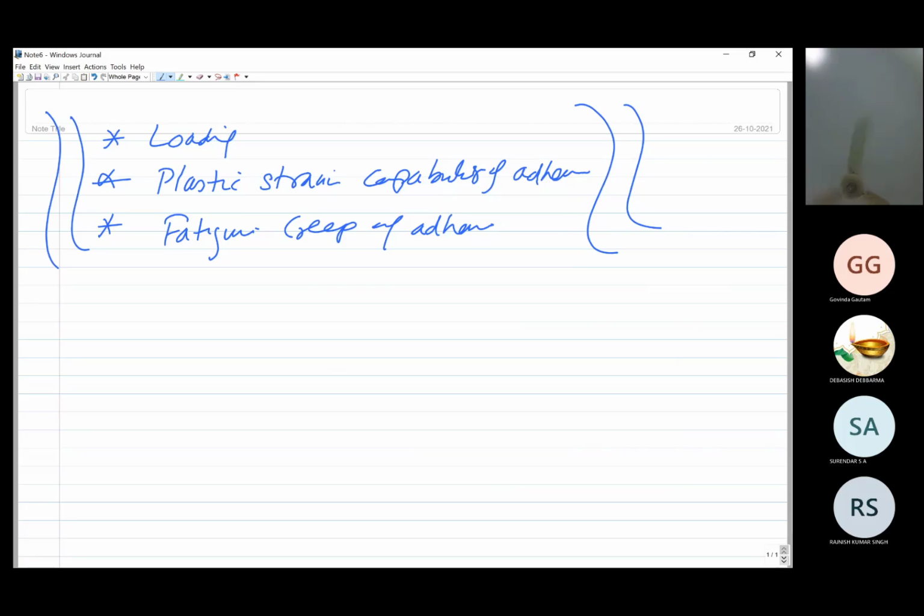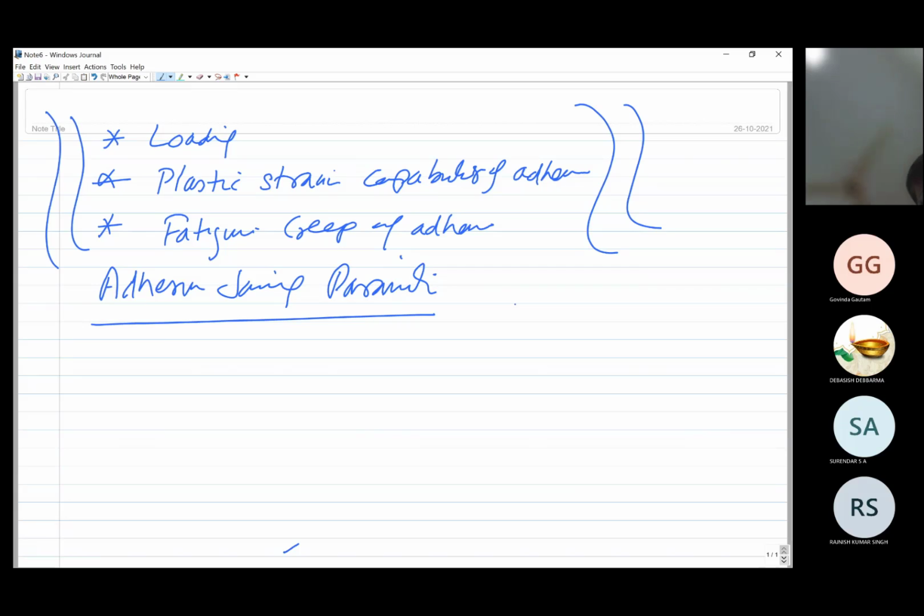Apart from this, there are other aspects about which I have to talk: the adhesive joining parameters affecting the joint strength and joint load carrying capacity significantly.